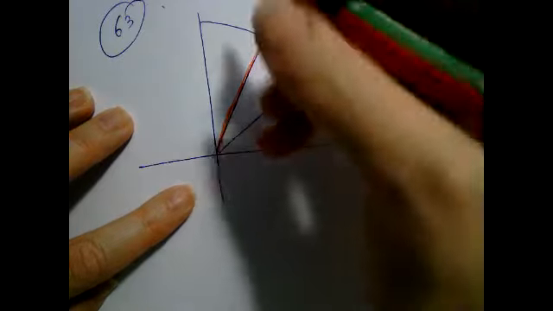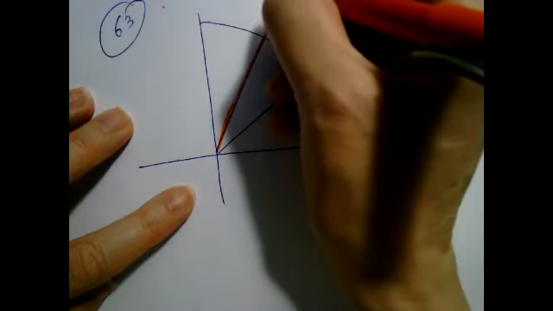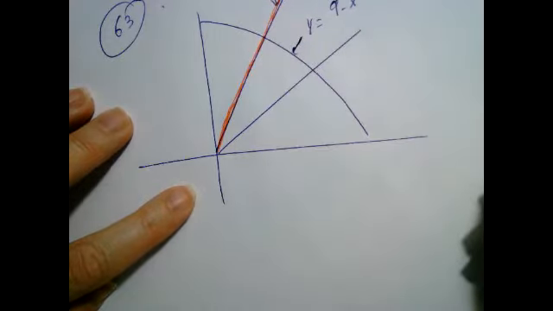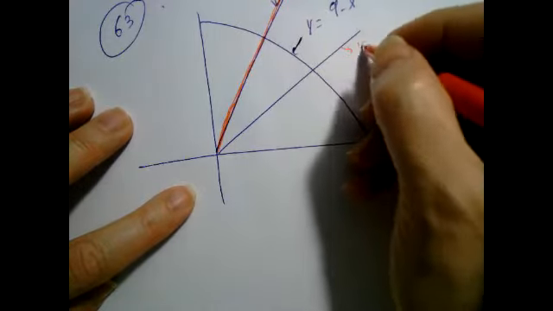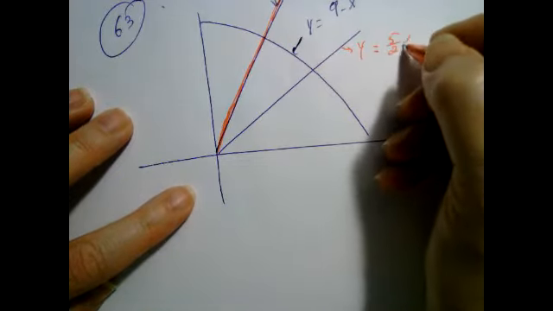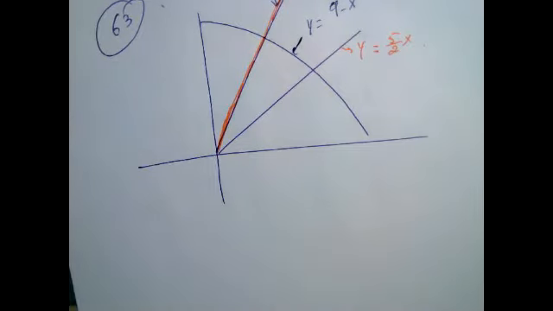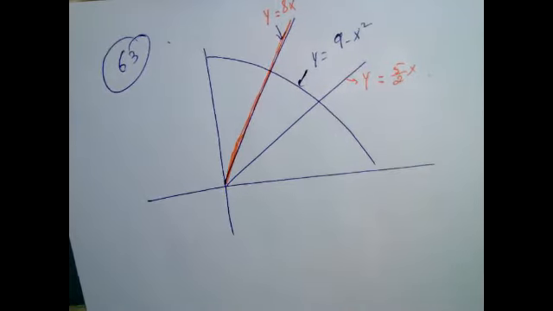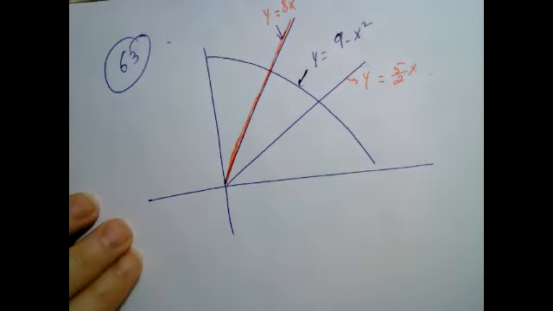That's nicer. And this is y equals 8x. And the bottom one, this line is y equals 5/2 x. And the question is, we need to find the area in between. So this area.